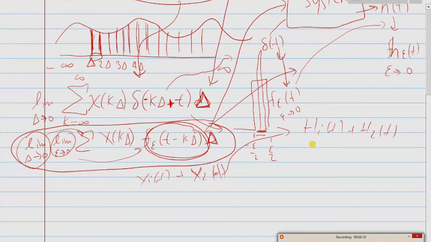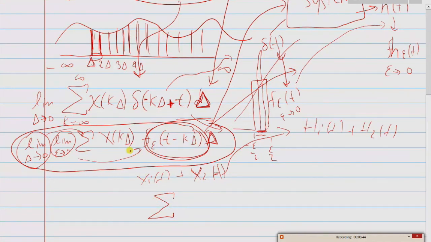So knowing all of this, I can cook up an ingredient. I can pass this input onto an LTI system, and the corresponding output, by definition of the LTI system, would just be equal to the sum.